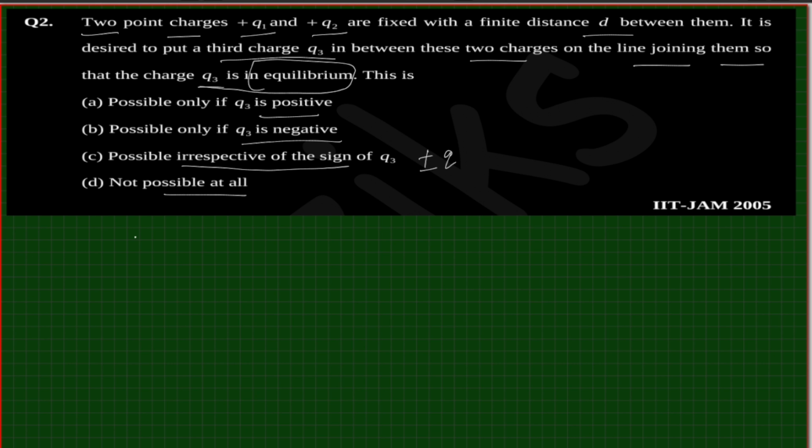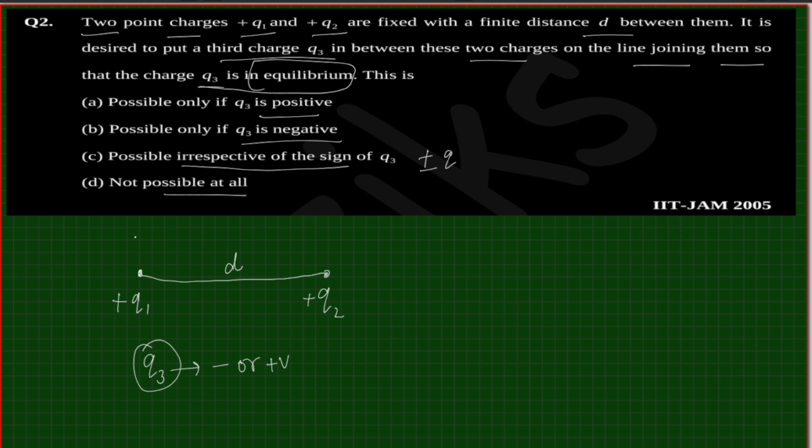So in this question, two charges are given, Q1 and Q2. Both are positive, separated by a distance d. So we have to put a third charge Q3. We don't know whether it is negative or positive.